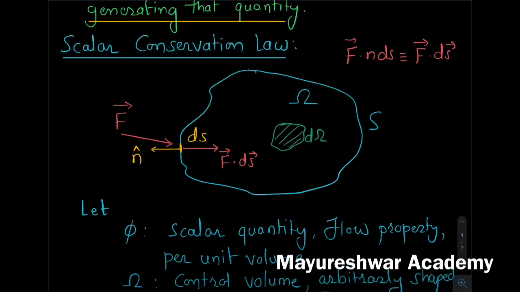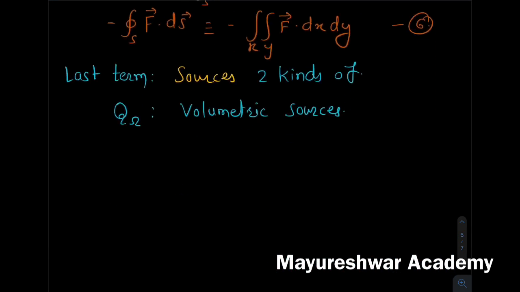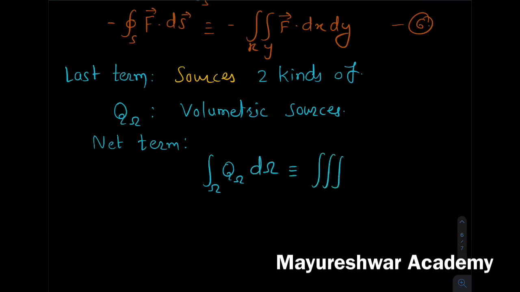So let us try to indicate them. They will be throughout within this control volume, generating that property q omega. So this term will be the volumetric integral of q omega, so q omega d omega.